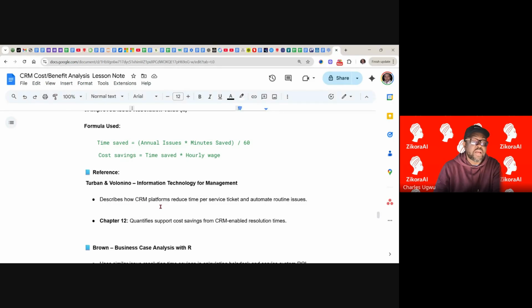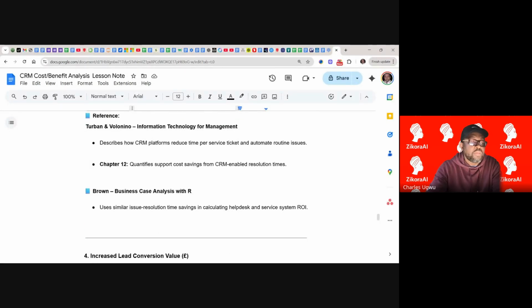It describes how CRM platforms reduce time to resolve service tickets and automate routine issues. And in chapter 13, it quantifies support cost savings from CRM-enabled resolution. When we are saying CRM, every other automation system, not only CRM, like ERP, is equally covered. As I say, everything that happened is still automation.